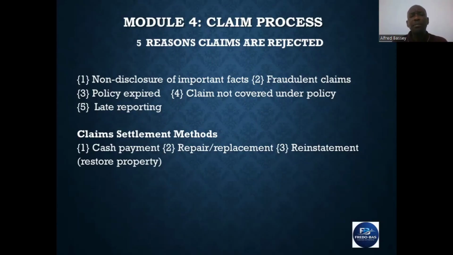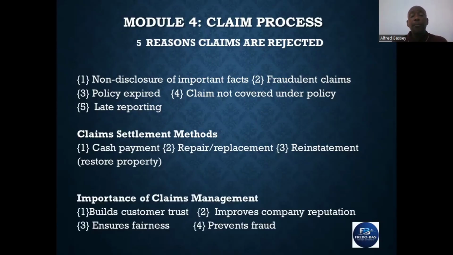So what are the claim settlement methods? One, cash payments. They could give cash, could repair if it needs repairs after getting the estimates, or there's a replacement of a part, or reinstatement, where the insurance company brings it back to where it was before. So it restores the property to where it was before. Importance of claims management. What are the importance?